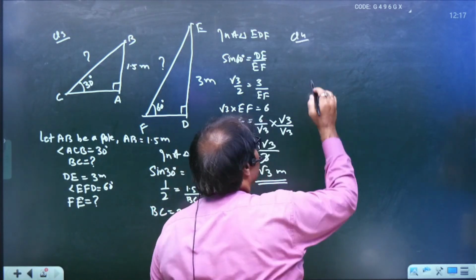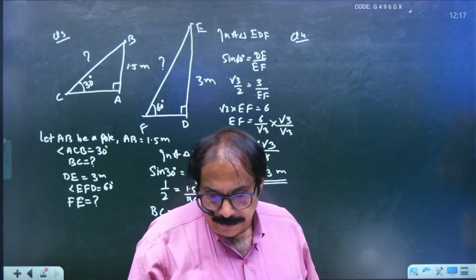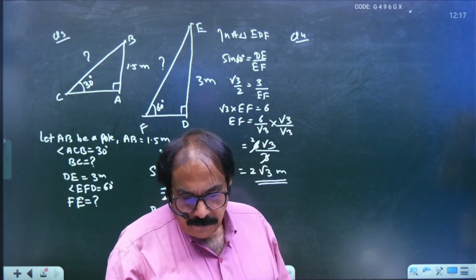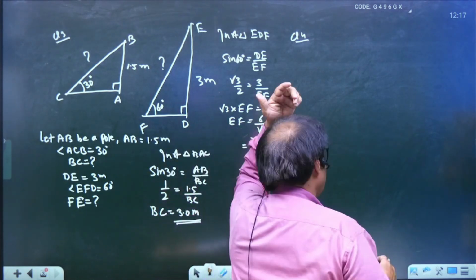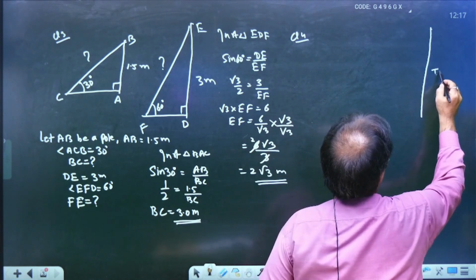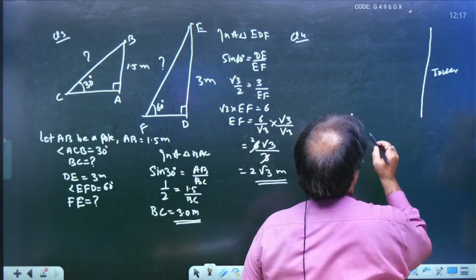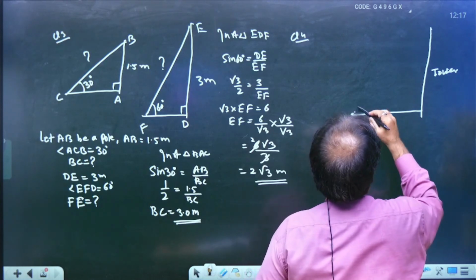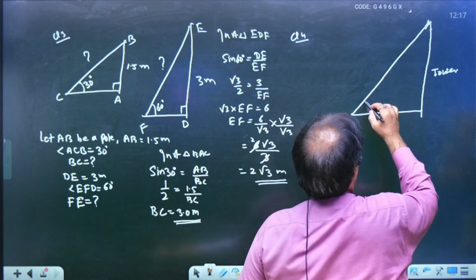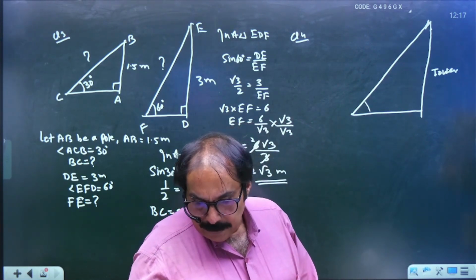Now the next question I am taking, question number 4. The angle of elevation of the top of a tower from a point on the ground. This is a vertical tower, and here is a point on the ground, and the angle of elevation to the top of the tower is given 30 degree.